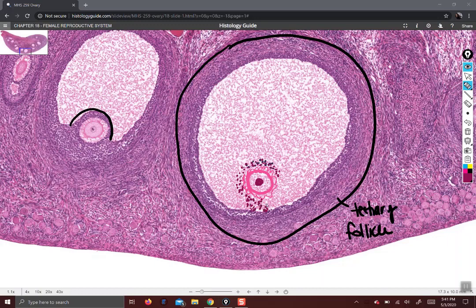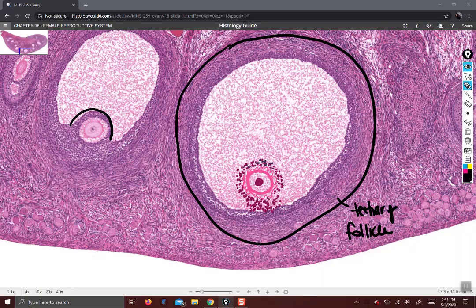And these little dots I'm representing as being granulosa cells, so bear with me. So if the oocyte was present in this view or in this slice, it would look something like that. It just doesn't happen to be visible in this particular slice. So it doesn't make this thing not a tertiary follicle. It just makes it a tertiary follicle that we weren't lucky enough to get the oocyte in the slice of.